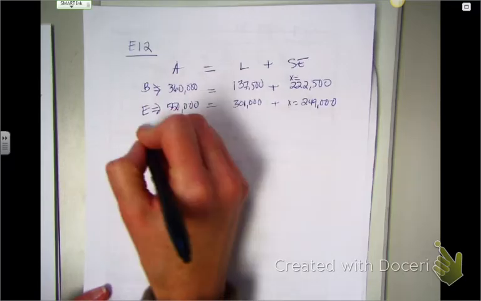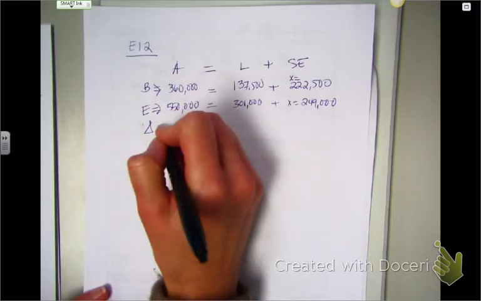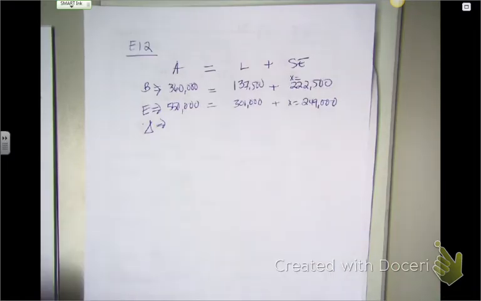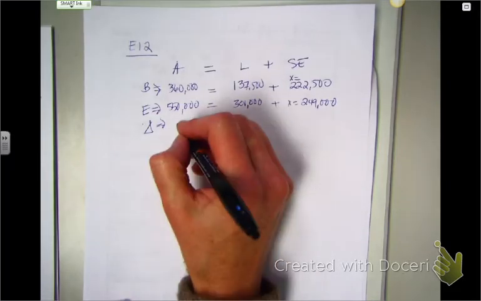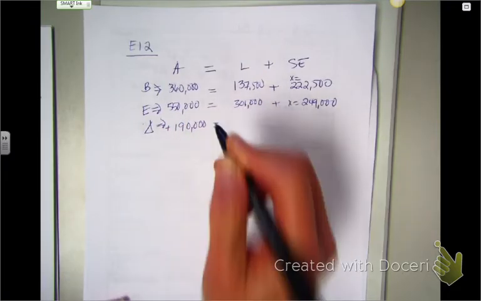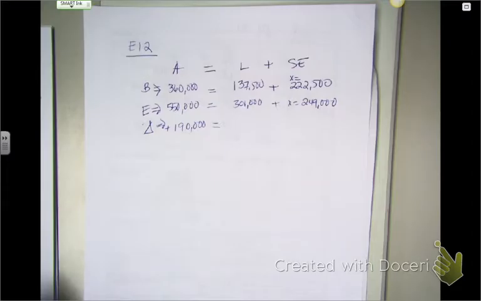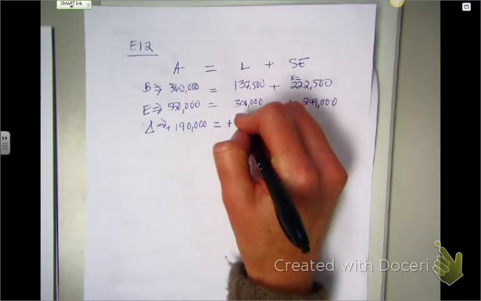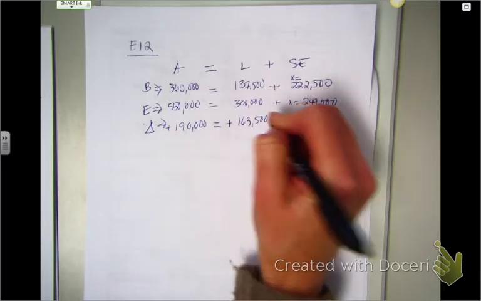Okay, so I'm going to put the change down here for now because I didn't leave enough room up in here. So what's my change here? My assets went from 360 to 550. So my change is an increase of 190,000. My liabilities went from 137.5 to 301, so I had a change of 163,500.